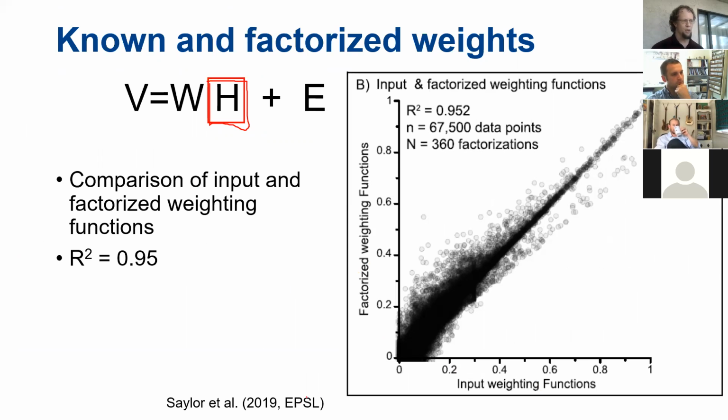If we plot them against each other, the input weighting functions down here and the factorized weighting functions here, obviously they string out just about perfectly along a one-to-one line, with a Pearson's coefficient of determination of about 0.95. So pretty cool. It means that not only can we characterize the age distribution, we can say something about the way those source samples were mixed into our sinks, and say that with a fairly high degree of confidence.